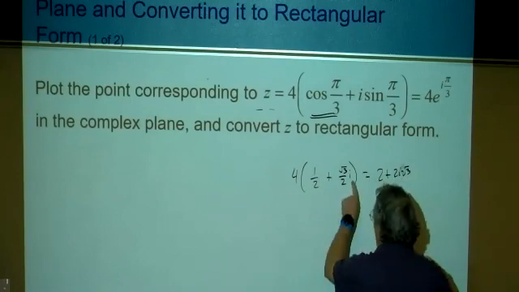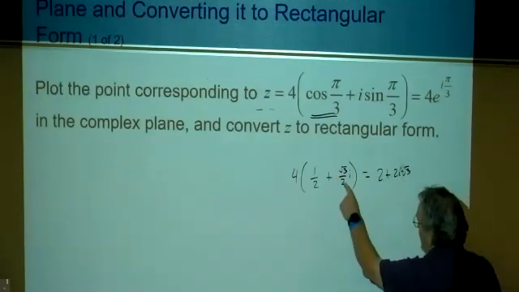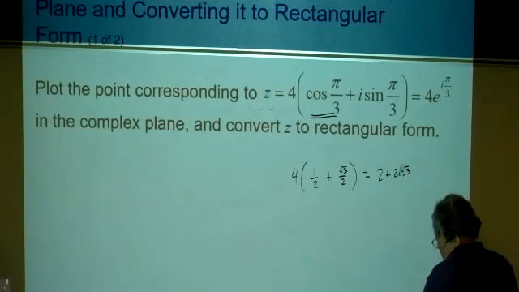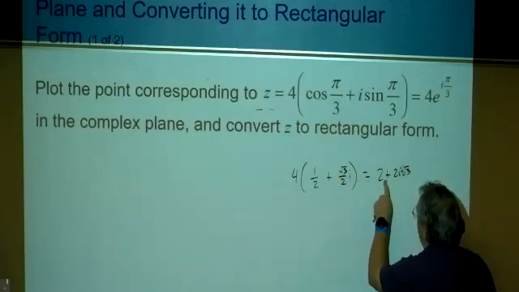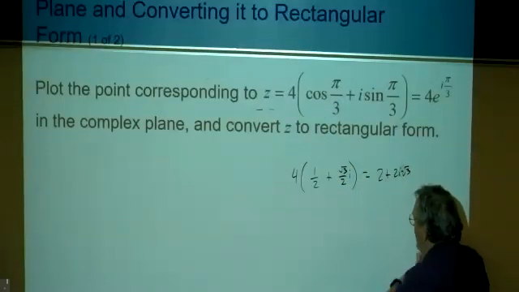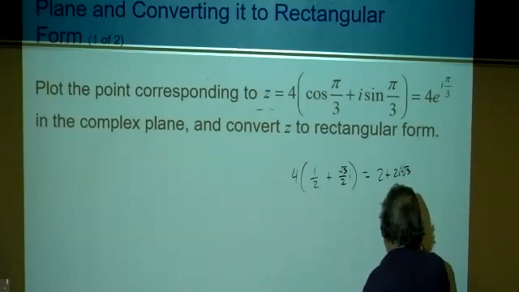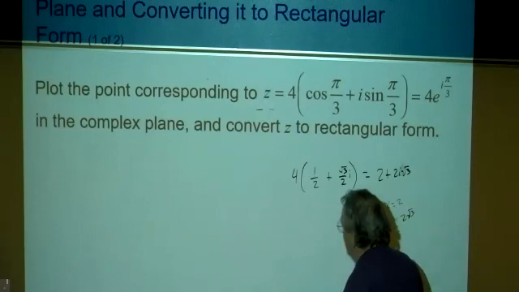I would write the I in front of the square root since there isn't a fraction anymore. And so this is what I will plot: the x equals 2 and the y equals 2 square roots of 3.